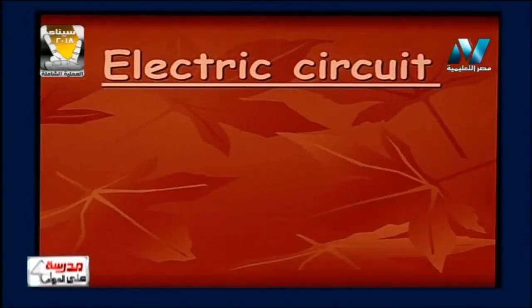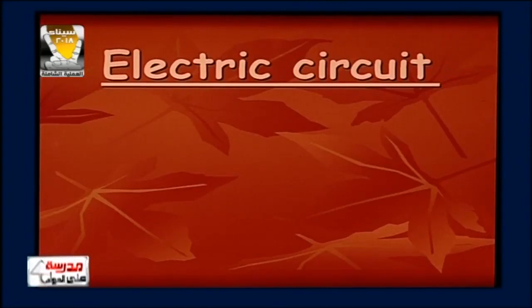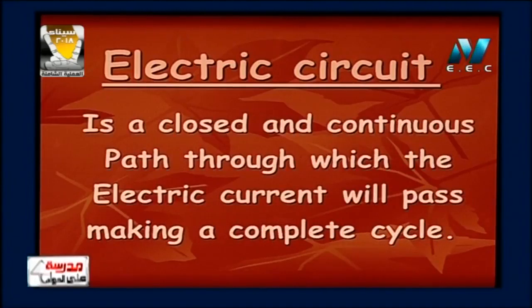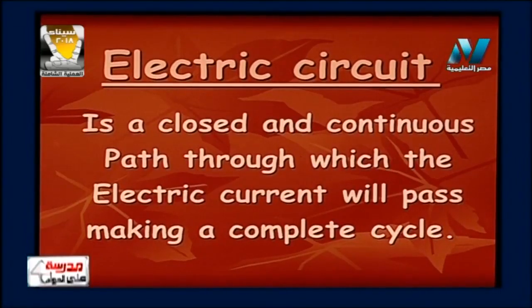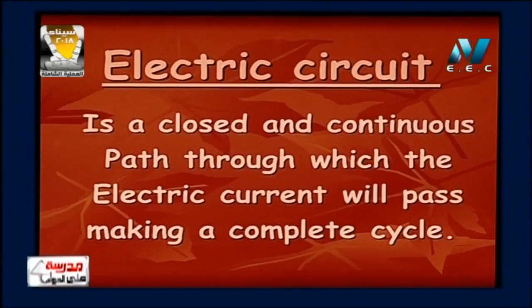So now let's have a definition for the electric circuit, and I advise you please know the difference between electric circuit and electric current. We must differentiate strongly between the word circuit and electric current. What's meant by electric circuit? It's a closed and continuous path through which the electric current will pass, making a complete cycle. It is a closed path for electric charges, making a complete cycle, that's why we call it electric circuit. Can I call it electric circle?